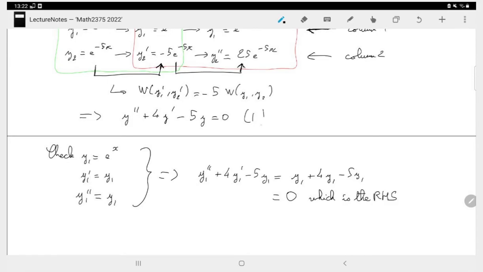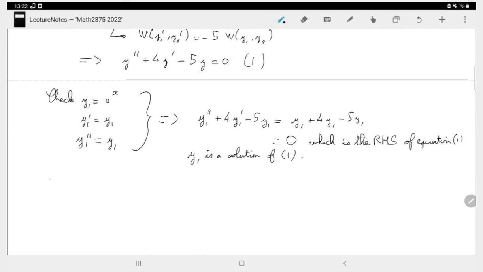I'm going to call this equation 1. And so y1 is a solution of 1.